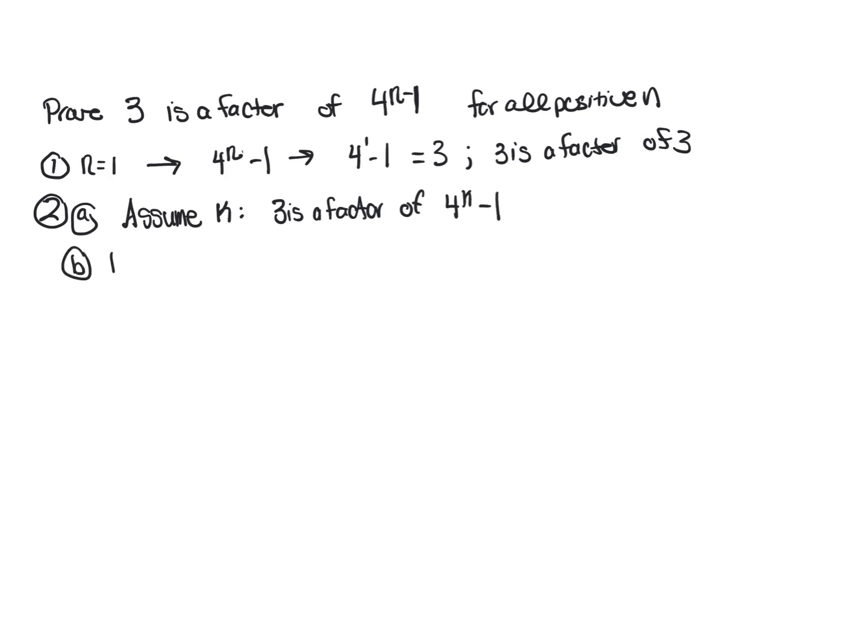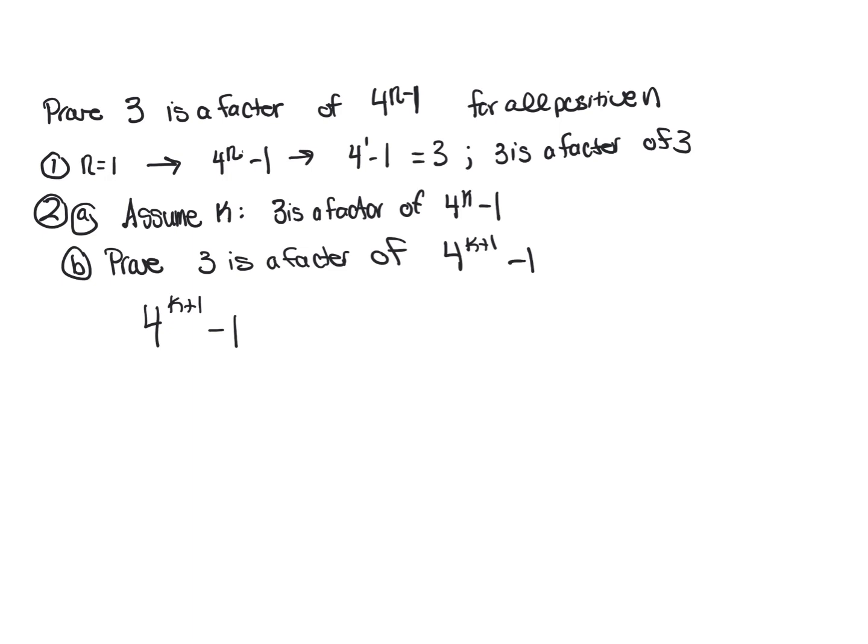Part B is that we need to then prove 3 is a factor of, and this is where we do the k plus 1, 4 to the k plus 1 minus 1. Okay, so here we go with the math. 4 to the k plus 1 minus 1.